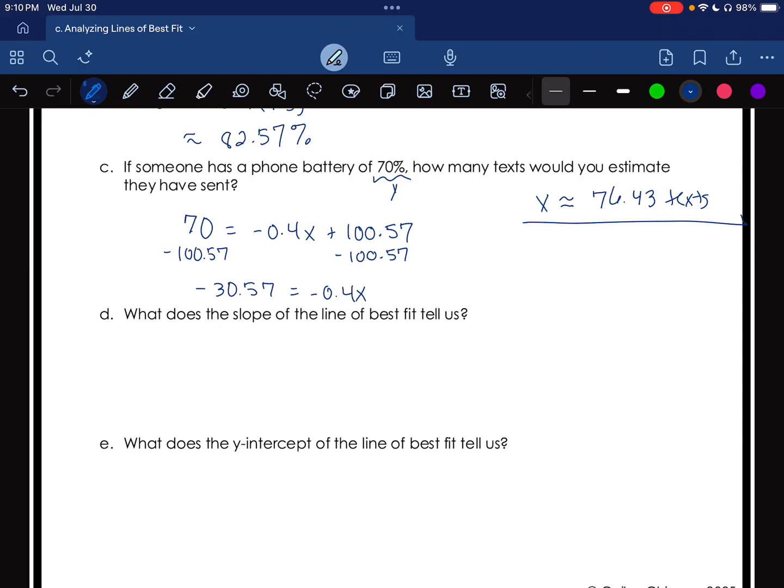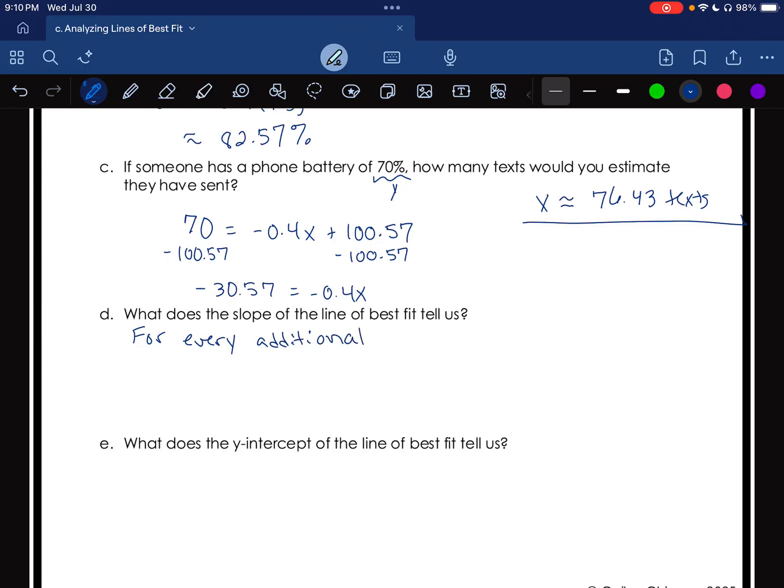All right, now my favorite question is this last one here. What does the y-intercept tell us about the line of fit? So remember, this will be the point (0, 100.57).